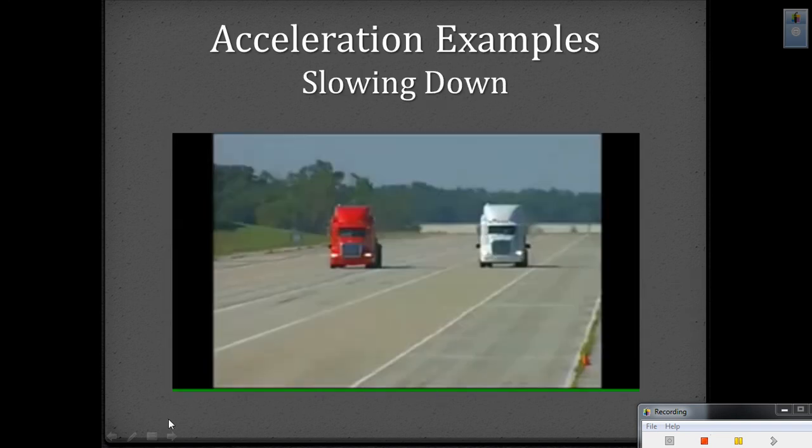Here's an example of slowing down. We call this in science negative acceleration. Oftentimes you'll hear deceleration, but in science there's no such thing. It is simply acceleration in the opposite direction.